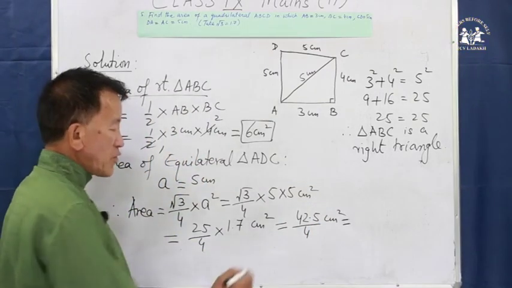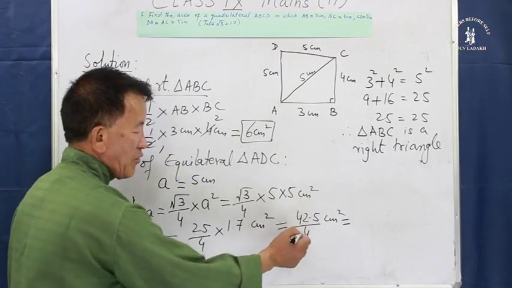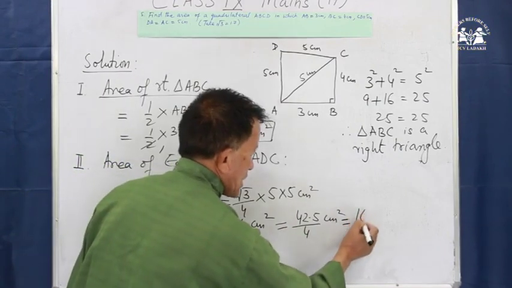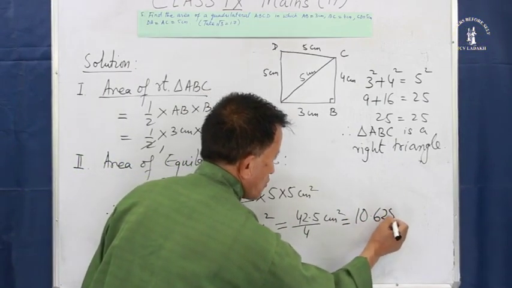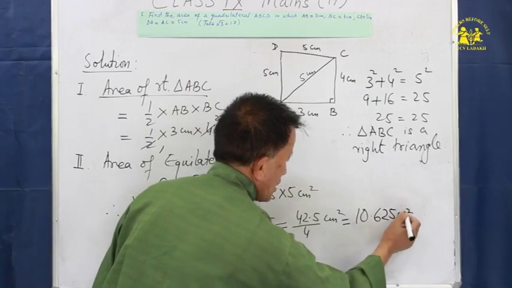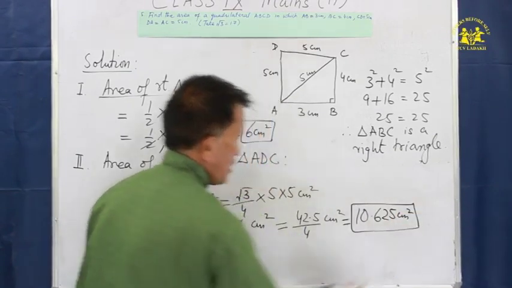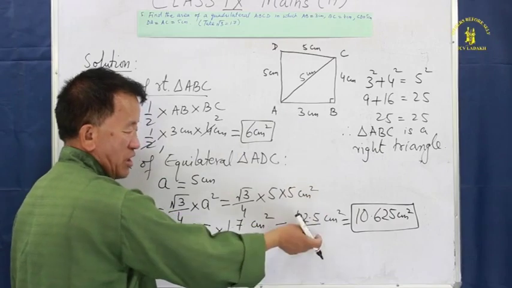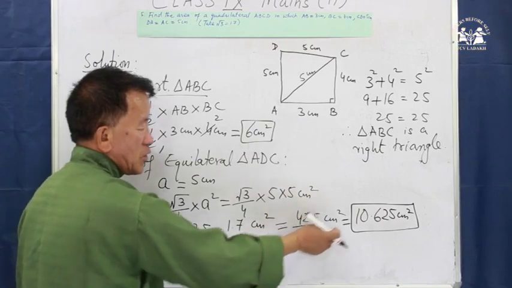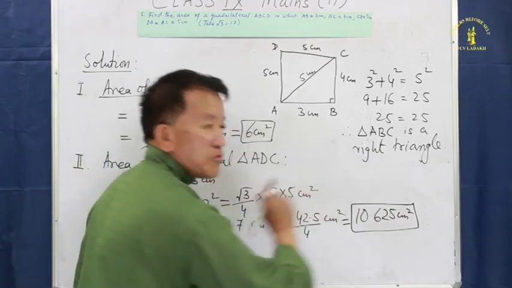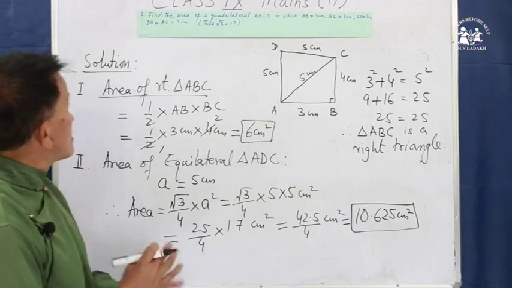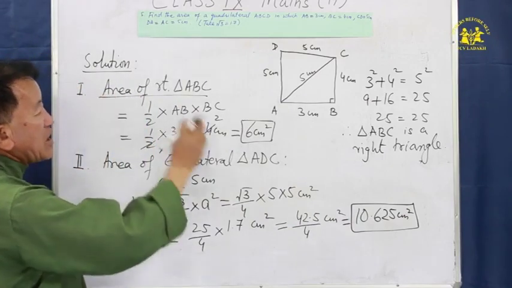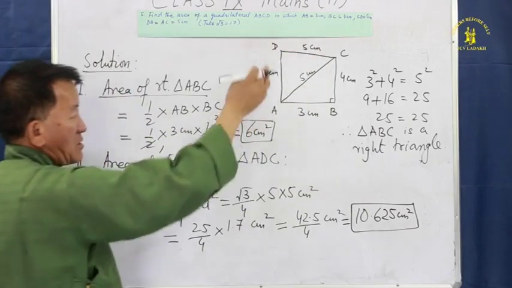Okay, we shall divide 42.5 by 4, which is equal to 10.625 square centimeter. Now students, please do the actual division. If you divide 42.5 by 4, you will get 10.625. Okay, now the last is, we have to find the area of the whole quadrilateral.